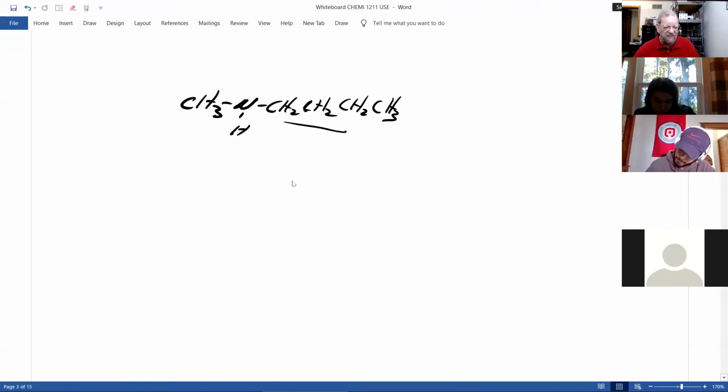Longest chain 4, butane. You drop the E, add the word amine. What carbon is the nitrogen on? Carbon 1. Now look right here. We have that methyl group on the nitrogen. Again, you don't have to write this down because I'll never ask this on a test, but that's a methyl group.